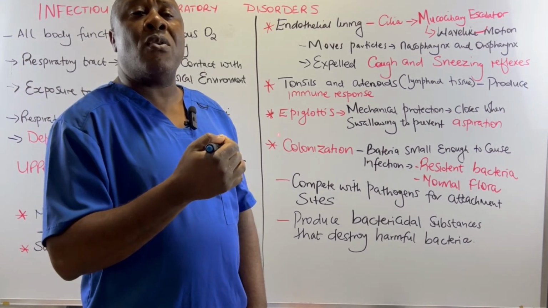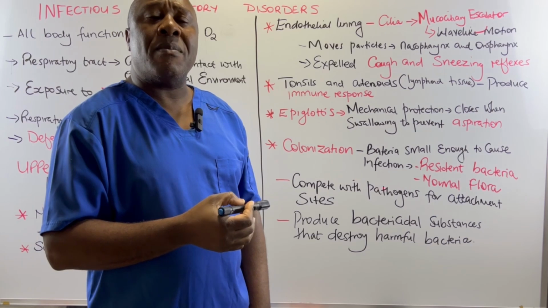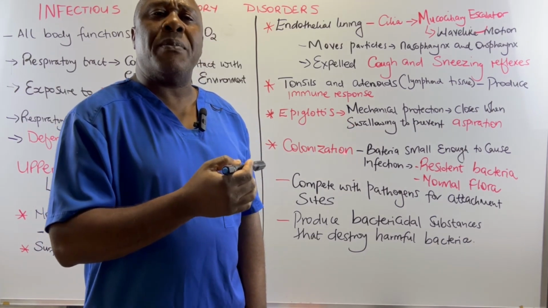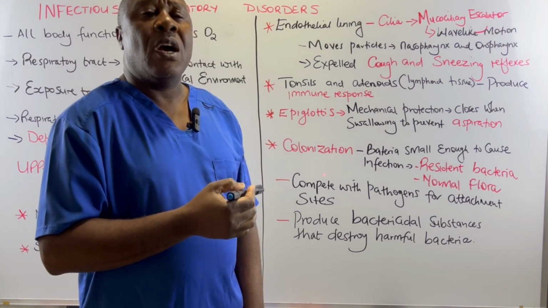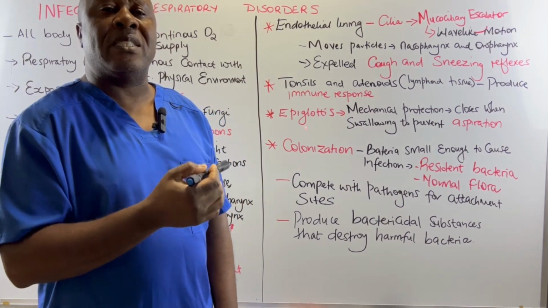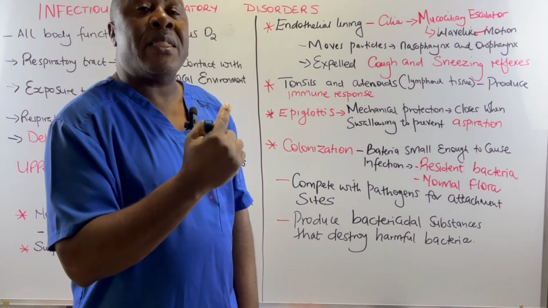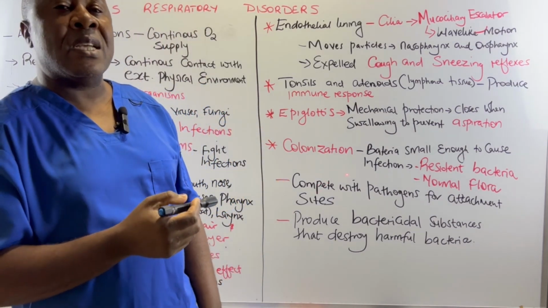We have talked about the coarse hair. We have talked about the mucus layer. We have talked about the surface epithelium producing bactericidal substances. We have also talked about the mucociliary skeletal motion of the cilia, which moves trapped particles back to the nasopharynx and the oropharynx so that they are expelled through sneezing and coughing.